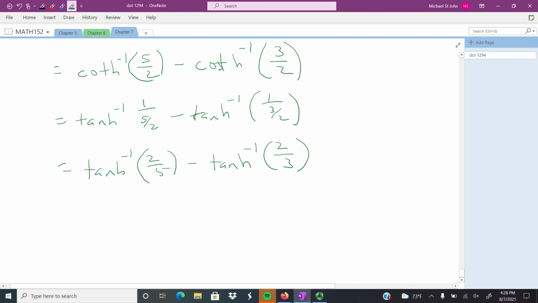And then based on that table we had before, we said that hyperbolic tangent is given by e to the x minus e to the minus x over e to the x plus e to the minus x.